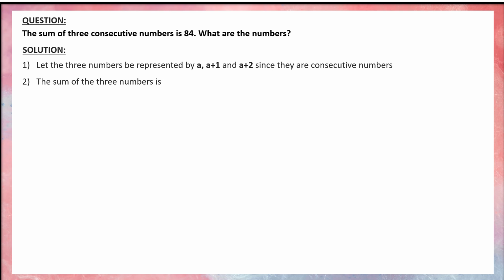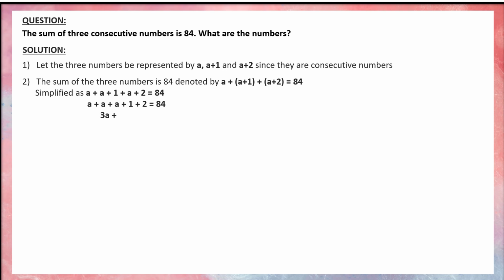So from the question, it says the sum of the three numbers is 84. So what we're simply saying is that the first number being A, we'll add A plus 1, then we'll add A plus 2, and the total sum should give us 84.